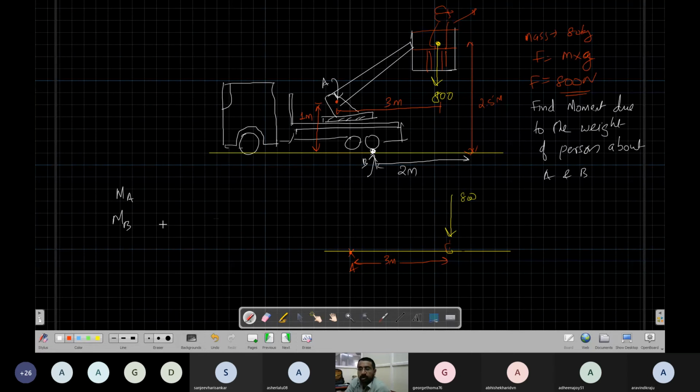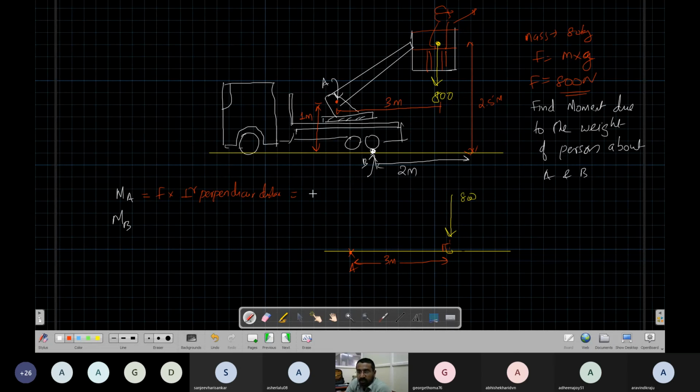So my moment about A is the force times the horizontal or perpendicular distance. Weight is acting vertically down, and the distance is given horizontally, so this is 90 degrees. The distance is given, the force is given.